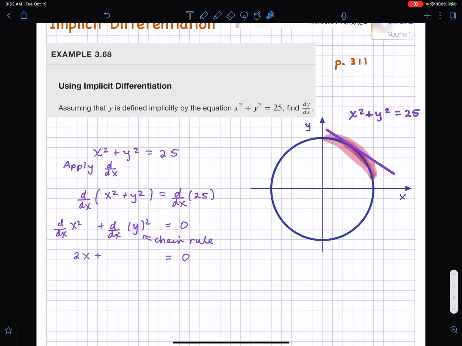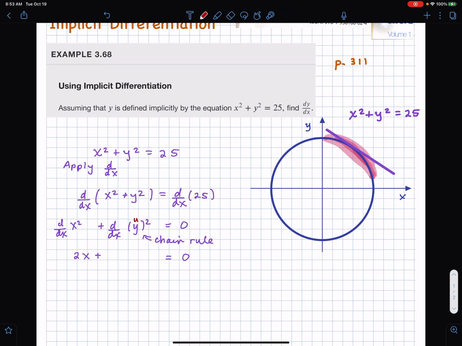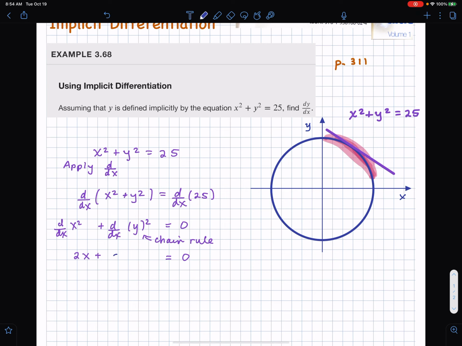When we use the chain rule, we sort of ignore what's inside there for a moment. You could call this u, and you take the derivative of u squared. That was the chain rule, those were the steps of the chain rule. But besides that, okay, I take the derivative of this and I get 2.